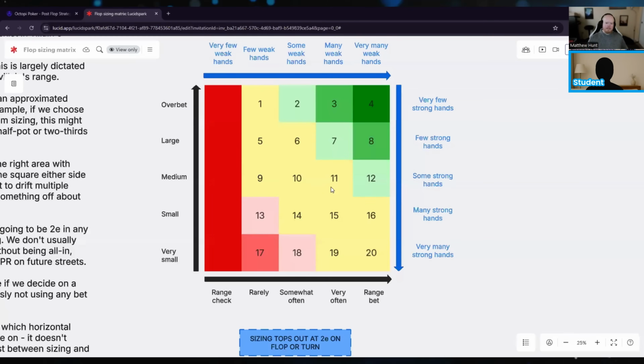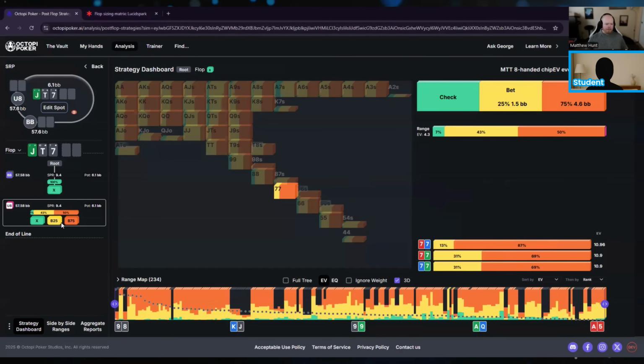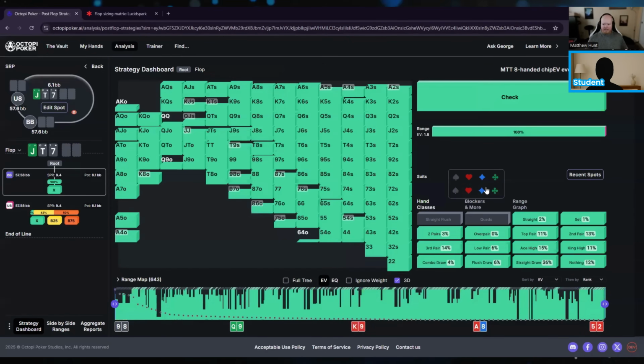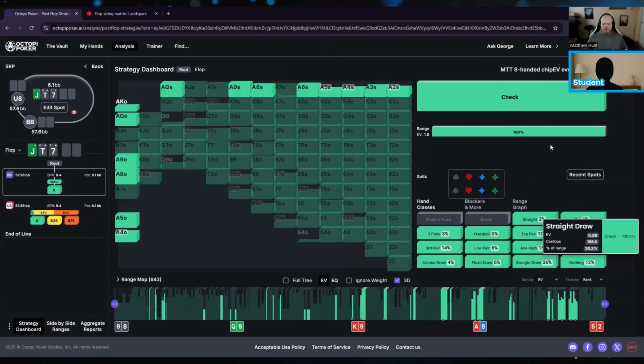So in fact, it wasn't just an 11, it was actually closer to about a 12 here. It's a good board for us, because villain does have more weak hands than we might have thought. If I look at the big blind's range overall, they have a straight draw 36% of the time. So they have a lot of 9x and 8x hands, but they also have nothing.